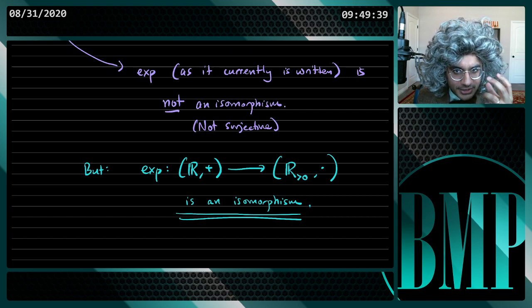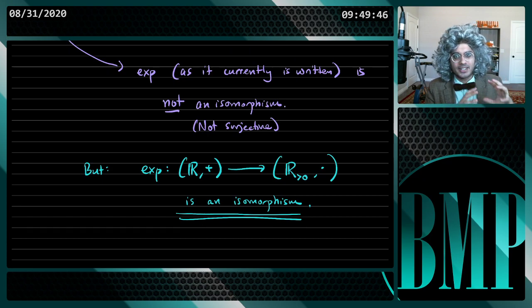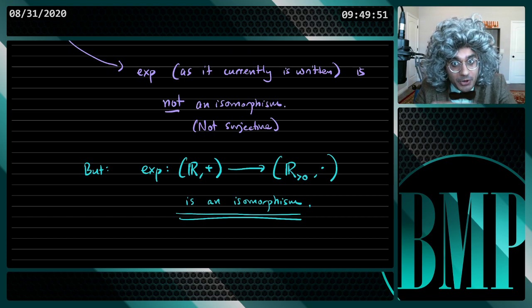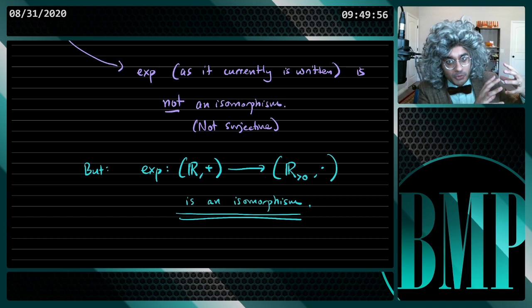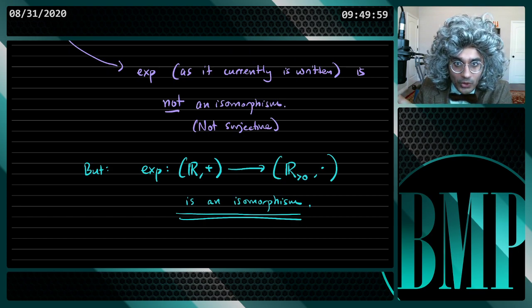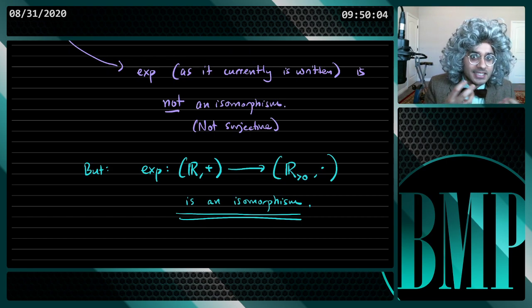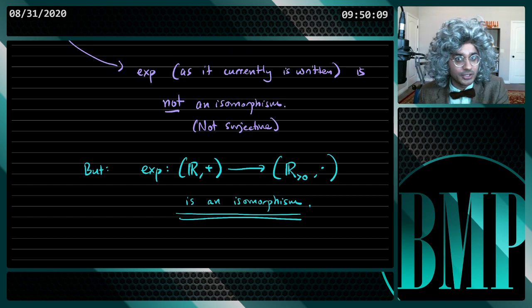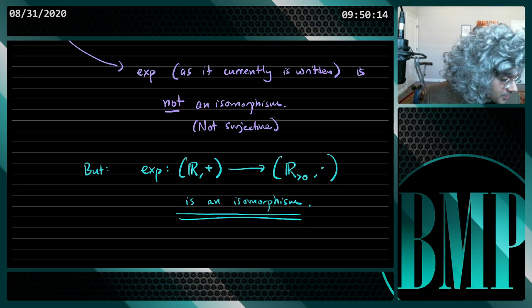Even though they literally don't look the same, the isomorphism gives you a Rosetta Stone that translates mathematics in one group perfectly, one-to-one, in perfect correspondence with the mathematics of the other group structure. One group might involve apples, the other one might involve oranges, but they might be isomorphic, which is to say that the essential structure is common to both of them. They're just manifesting in two different ways. That's how you want to think of an isomorphism between two groups.